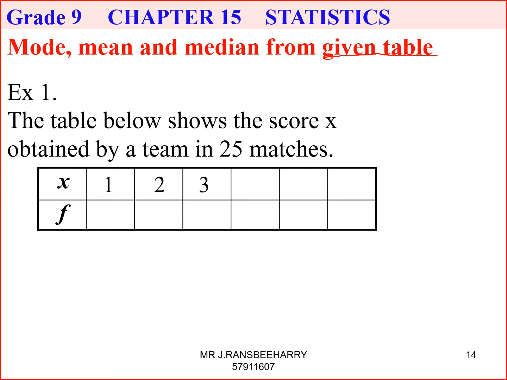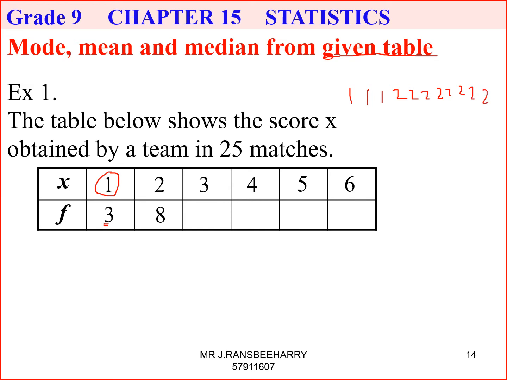So the scores are 1, 2, 3, 4, 5, 6. A frequency of 3 for score 1 means the team scores 1 mark 3 times. So we have 1, 1, 1. For score 2, the frequency is 8, which means 2, 2, 2, 2, 2, 2, 2, 2.